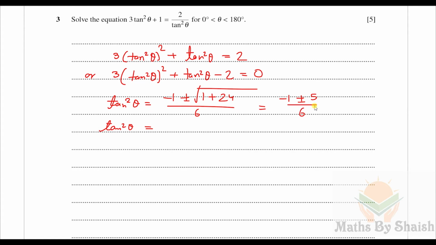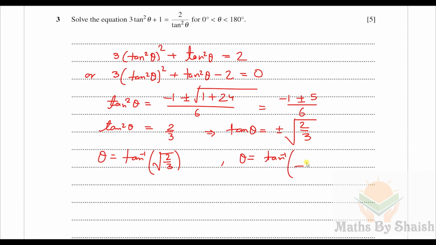That means we take plus 5 minus 1, so 4 by 6, 2 by 3, or tan theta would be plus minus root 2 by 3, or we get theta as tan inverse of root 2 by 3 with positive, or tan inverse with negative root 2 by 3.